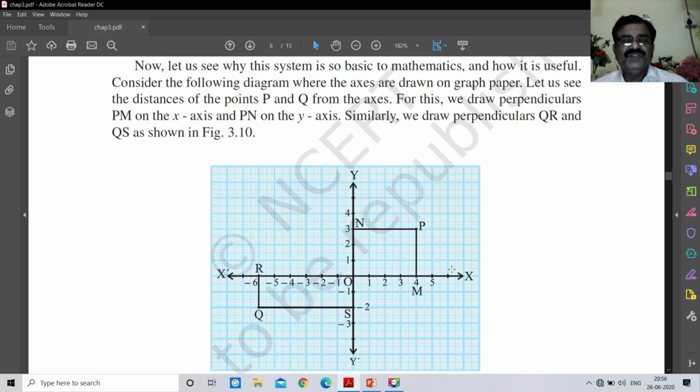Another point Q is also located whose vertical value is QR while the horizontal value is QS. So you can see that point P lies in the first quadrant while the point Q lies in the third quadrant.